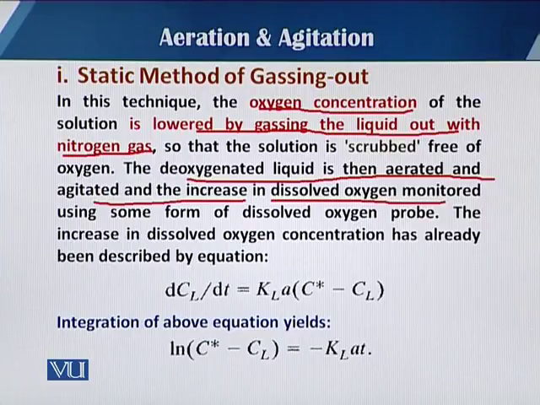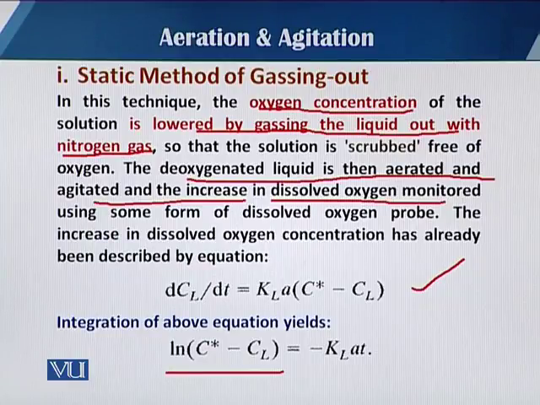The relationship of the increased dissolved oxygen concentration can be described by this equation: dCl over dt is equal to KLA into C star minus Cl. If we integrate this equation, we get ln of C star minus Cl, where C star minus Cl is the driving force, equal to minus KLA times t.